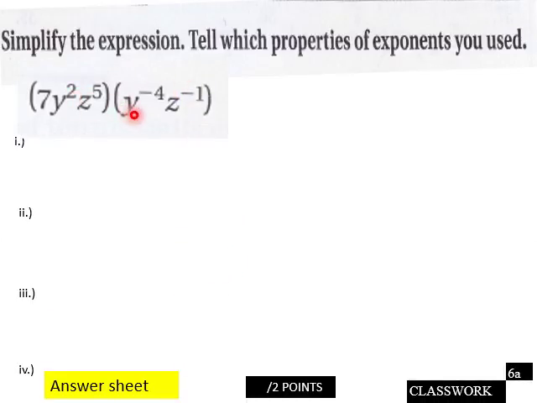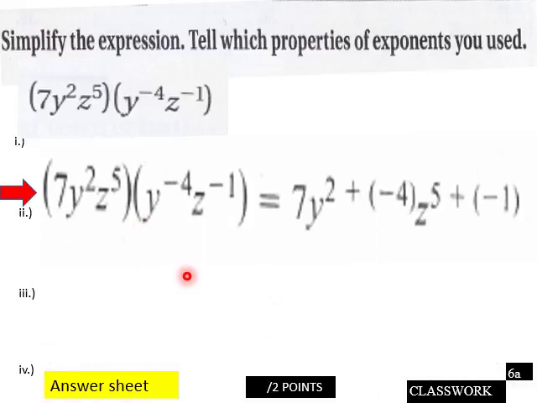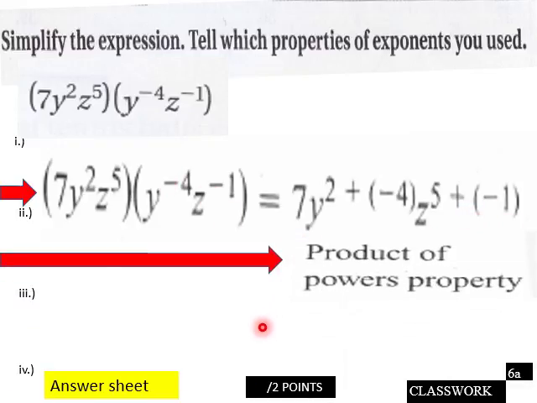So we have our situation here. We're going to combine like terms here, 7y squared plus negative 4. So we're going to use our product of powers property here, y squared and y to the negative 4 power. And then we have z to the 5th plus negative 1. So that would be a product of powers property there.